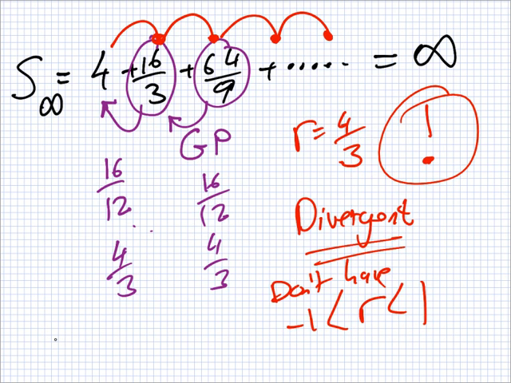Give me a number if you want. r equals -3? Yeah, that's divergent as well. If it's 0 point something, what do you think? Convergent, yeah, like 0.2. Yeah, convergent.